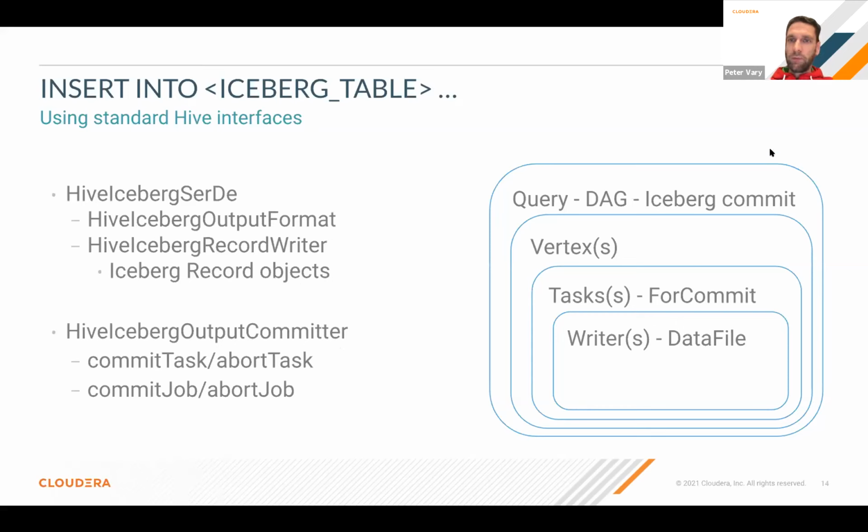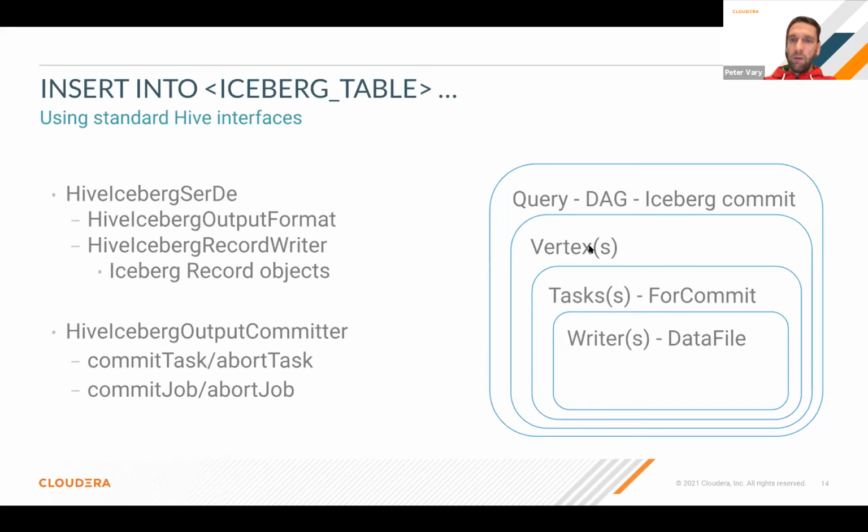So basically what we have here is, for one query execution, in case of Tez, a DAG. We can have multiple vertices, and these vertices can have multiple tasks, and these tasks can have multiple writers. The writers are the ones writing the actual data files. When a task is finished, the commit task collects all of the data files created by the writers of that given task and creates a for-commit file from it.